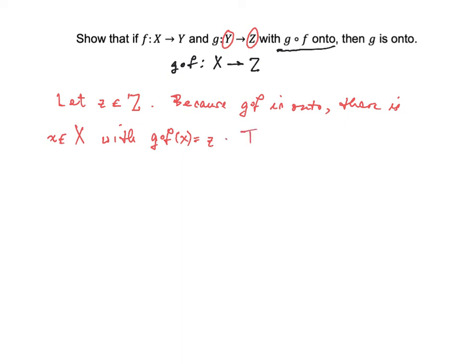So let's see what that really means. So this means that g of f of x is equal to z.